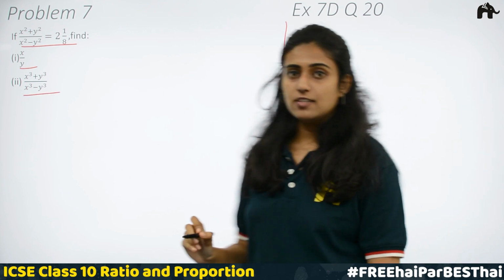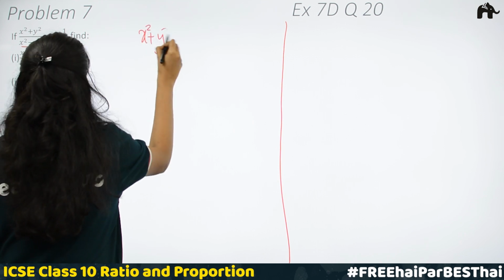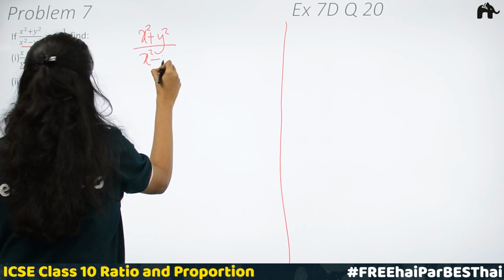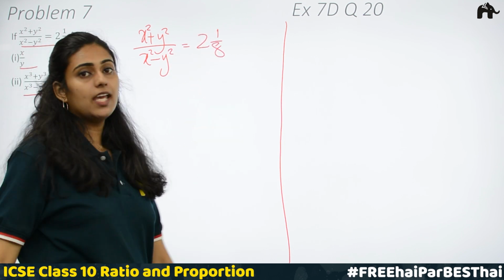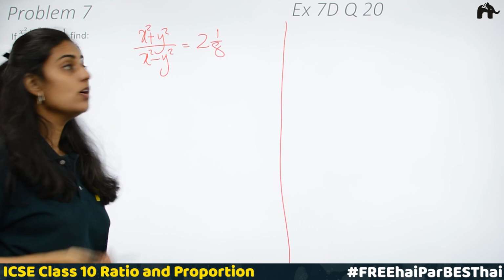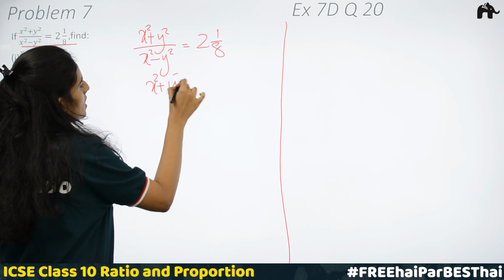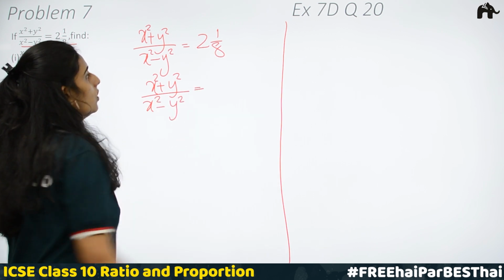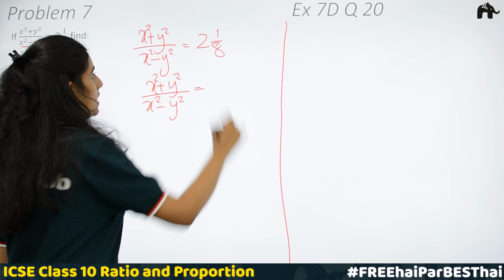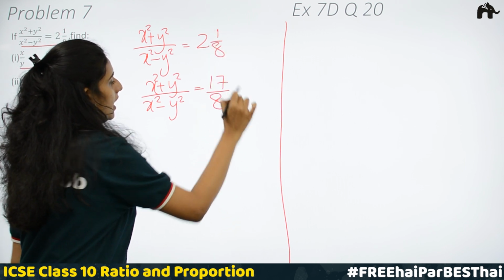Here it is given x square plus y square divided by x square minus y square is equal to 2 1 by 8. 2 1 by 8 is a mixed fraction. We have to convert it into improper fraction first. So, x square plus y square divided by x square minus y square is equal to 2 into 8, 16 plus 1, 17. 17 divided by 8.